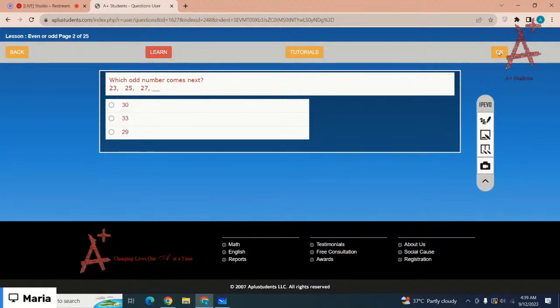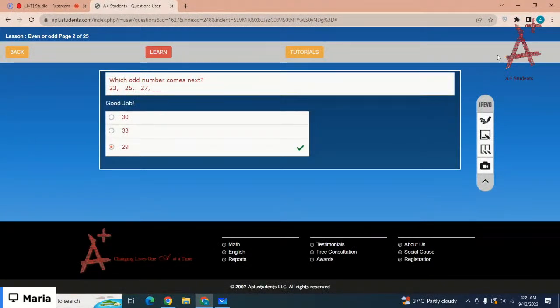That would be 27 plus 2, right? So 27 plus 2 is 29. The next odd number is 29. You can see 23 plus 2 is 25, 25 plus 2 is 27. That means the next one is 27 plus 2, that is 29.